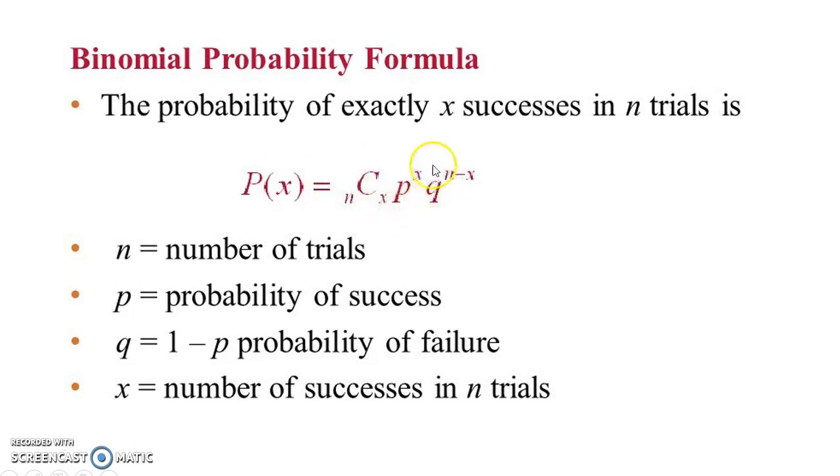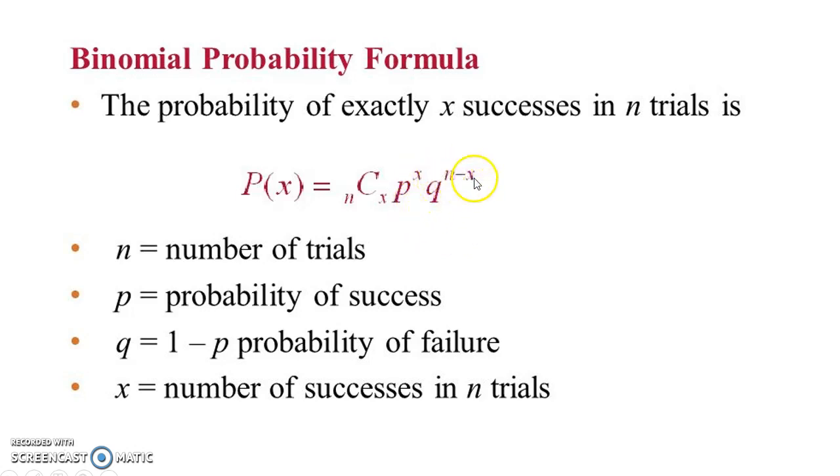And then we're going to multiply the 2 probabilities, the success probability raised to the power of the number of successes. So this will be 0.2 raised to the 6. And then we're going to raise the probability of failure, which is 0.8, to the number of failures.